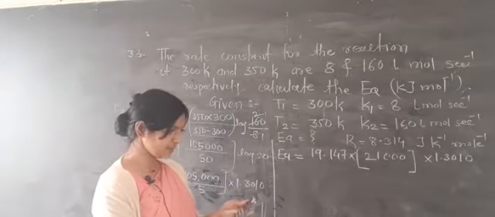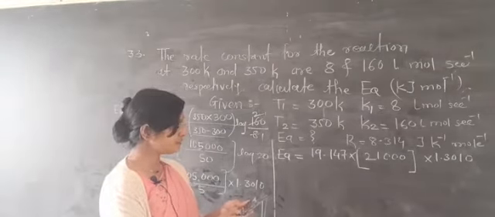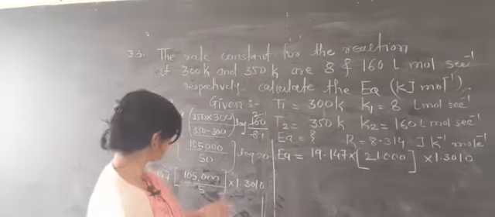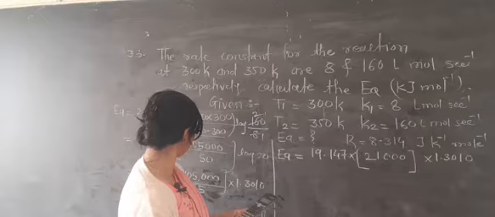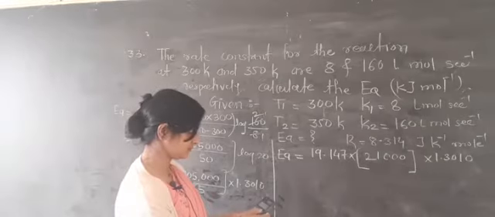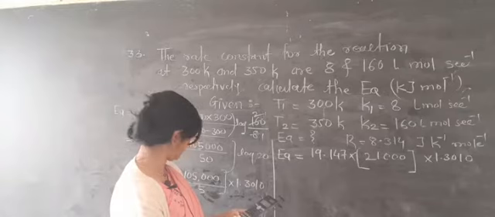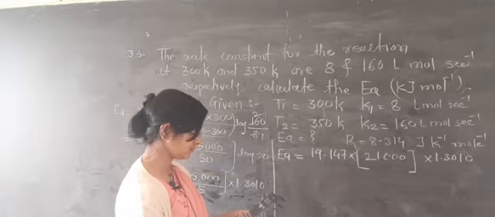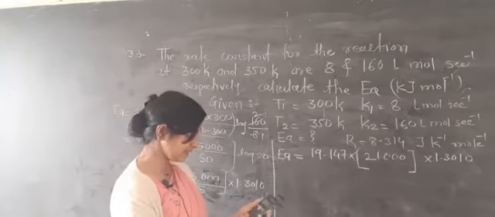Friends, here we get very simple straight numbers, and I just multiplied it step by step. What is our first term? 19.147 into 21,000. Division is also very simple here.